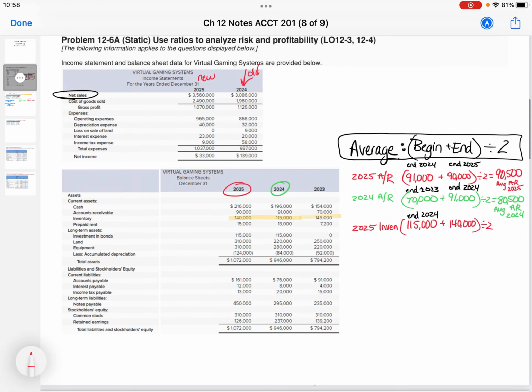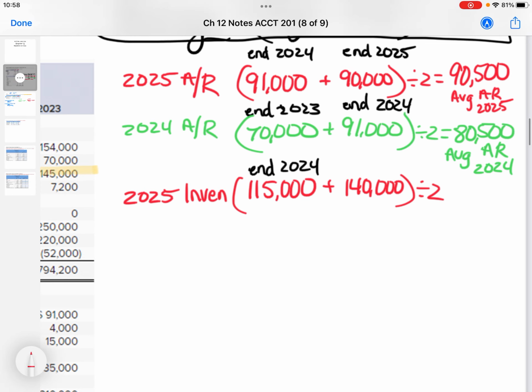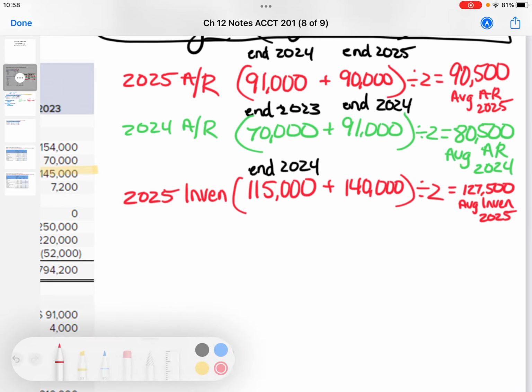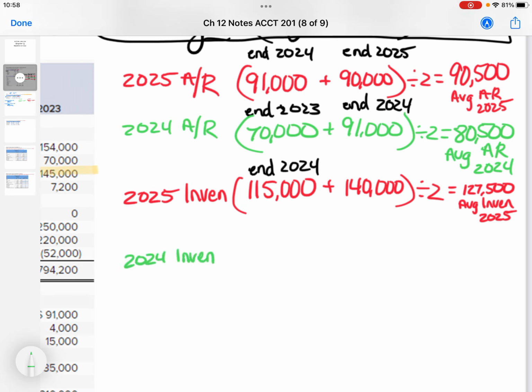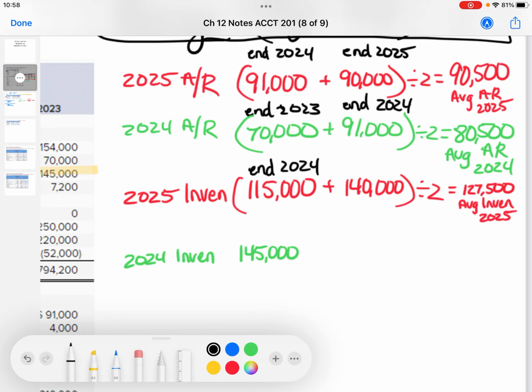Not giving myself enough room here, so we'll zoom in and see if I can write a little bit smaller. Okay, so my average inventory here, it's going to be somewhere between these two numbers. So it looks like it's 127,500. That would be average inventory, and I'll still label 2025. Okay, so for the 2024 inventory, I'm going to take the beginning balance, which is the prior year, 2023 ending balance.